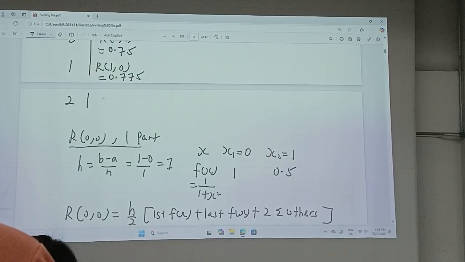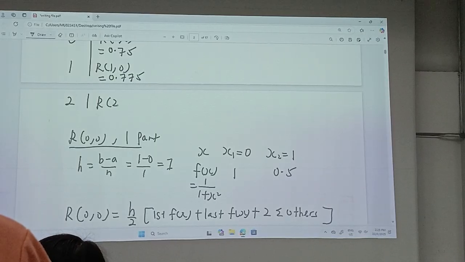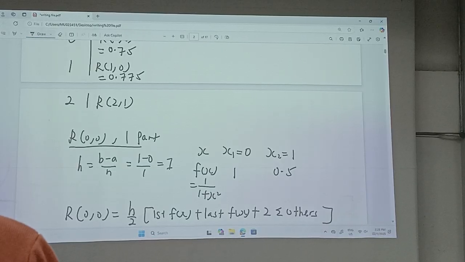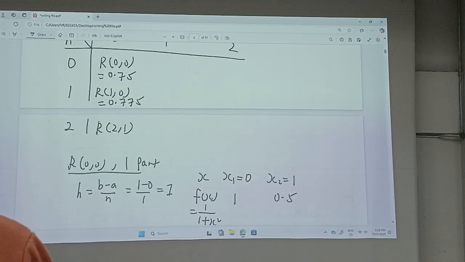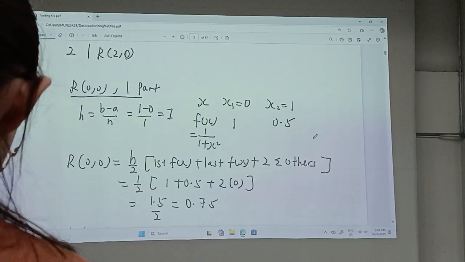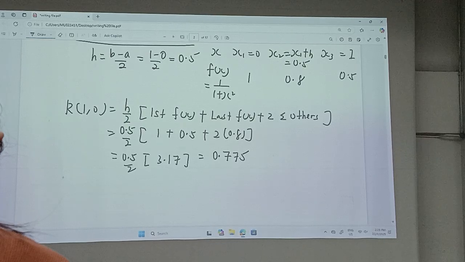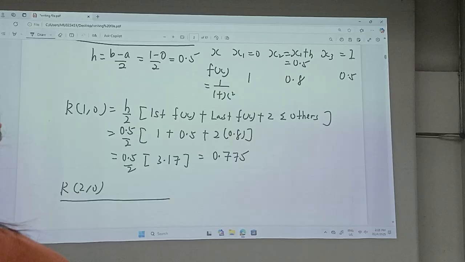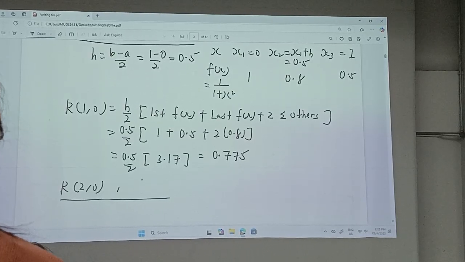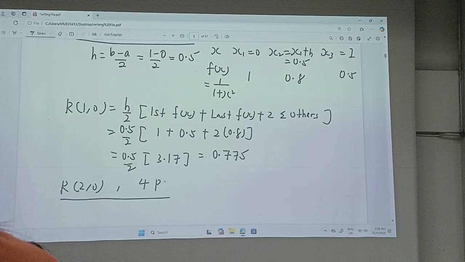Okay, and then next, R20. How to get R20, right? R20 divided into how many parts? 4 parts, right? Okay, so divide into 4 parts.